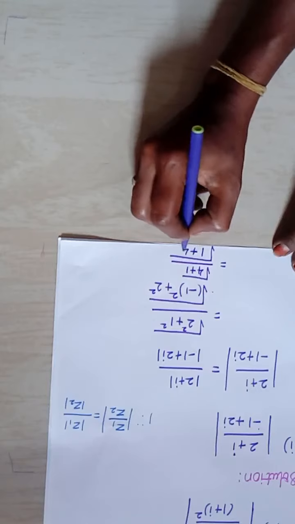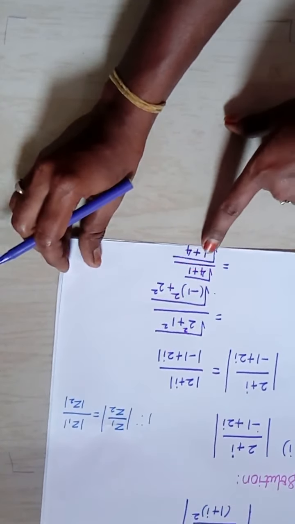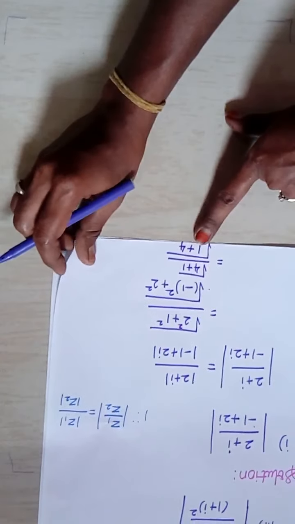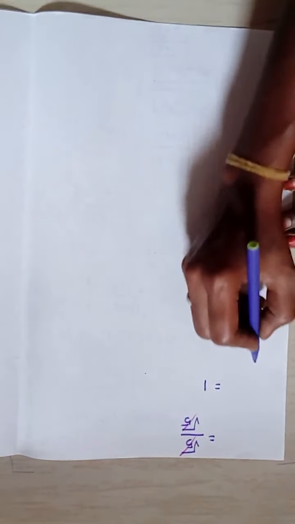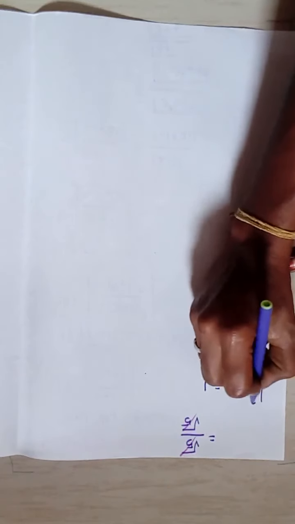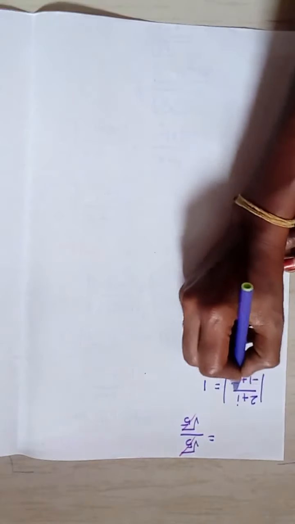This is the square root of 4 plus 1, which is 5, divided by the square root of 1 plus 4, also 5. So square root of 5 divided by square root of 5. Cancelling root 5, we finally get 1. So the value of modulus of (2 plus i) divided by (minus 1 plus 2i) is 1.